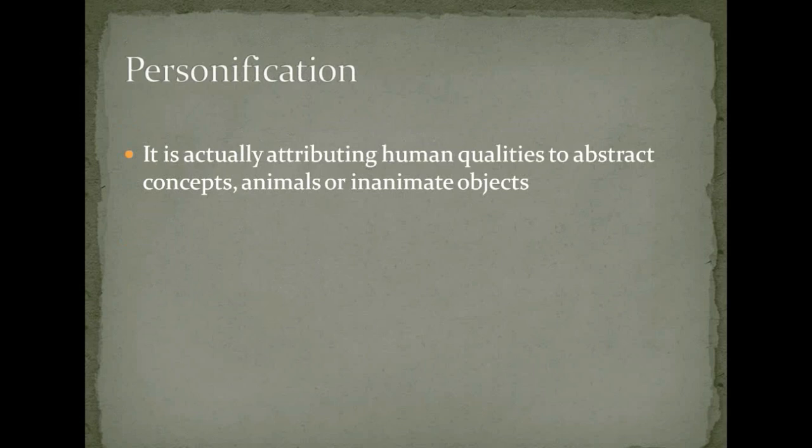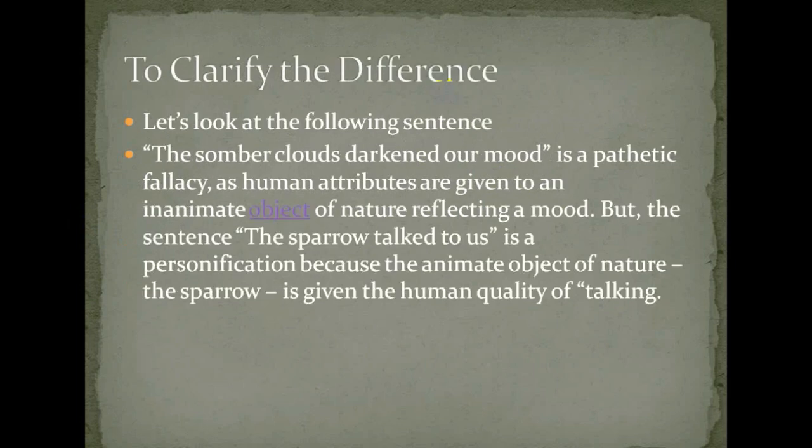Now, on the other hand, personification is attributing human qualities to abstract concepts, animals, or inanimate objects. So it's about qualities. Let's look at the following sentence: the somber clouds darken our mood is a pathetic fallacy.